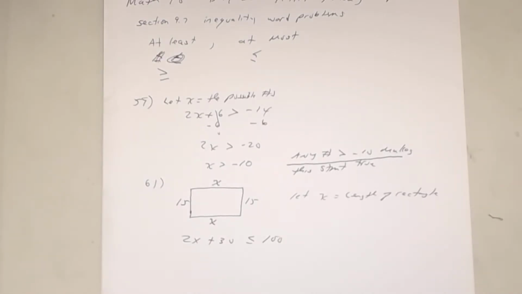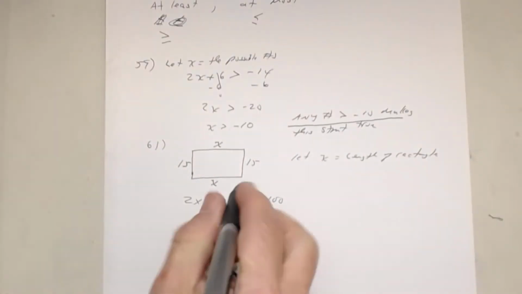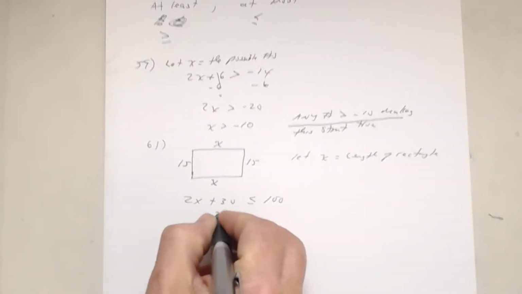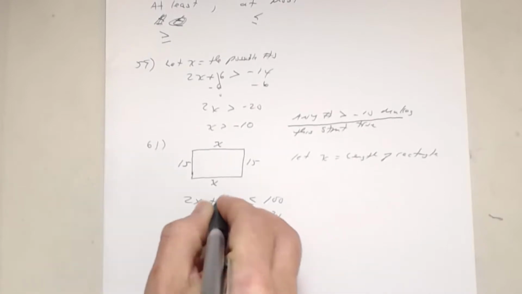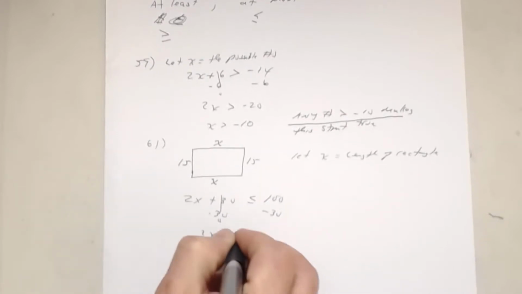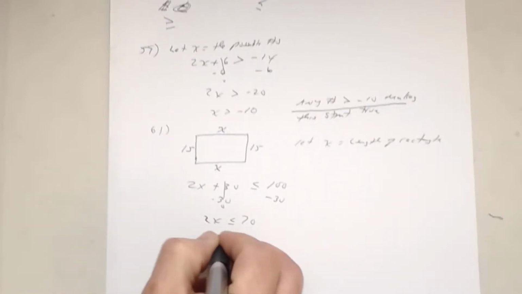So that means it has to be less than or equal to 100. All right, not less than 100, less than or equal to 100. That's what no bigger than 100 means. So there's your inequality. You just solve for x. So what's the next step? Subtract 30. So I get 2x is less than or equal to 70. So x is less than or equal to what?